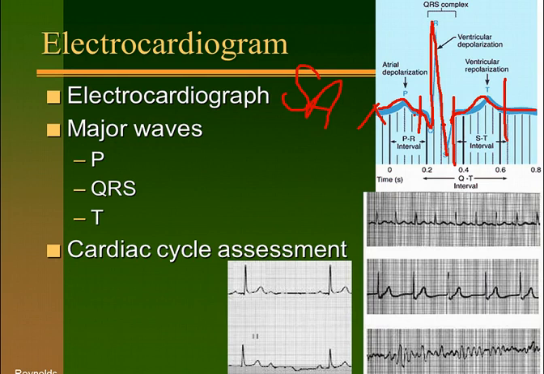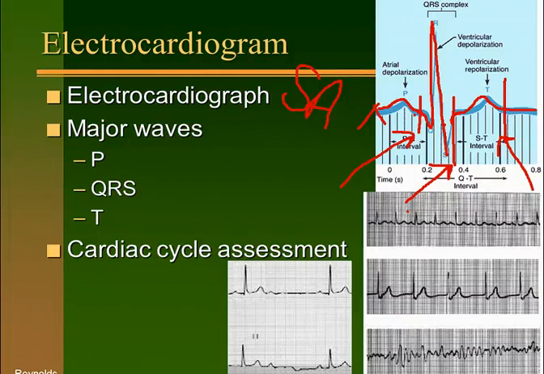So again, this is contraction or systole of the atria. Here is contraction or systole of the ventricles. And here is relaxation of the ventricles. Now what you don't see is relaxation of the atria, or the repolarization wave comparable to the T wave of the ventricles.